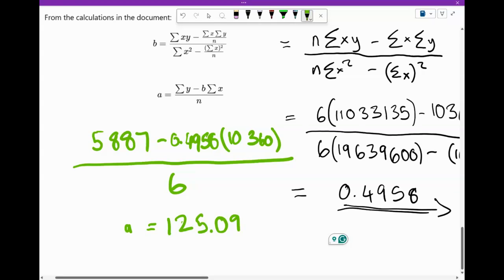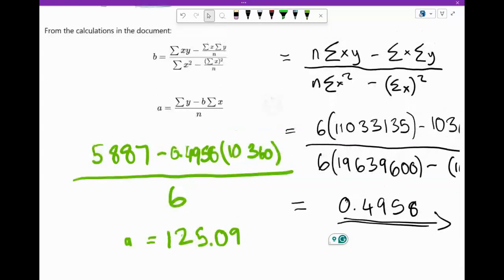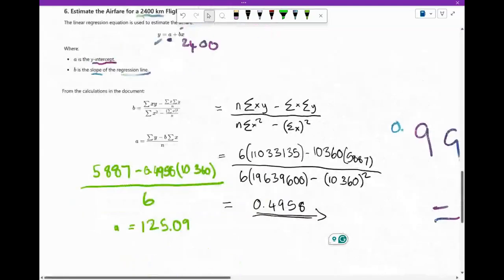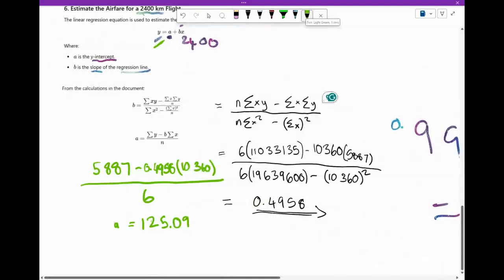Okay, so now that we have A and we have B, we can now work out the value of y. Can you see we have all the values on the right side of your linear regression equation?